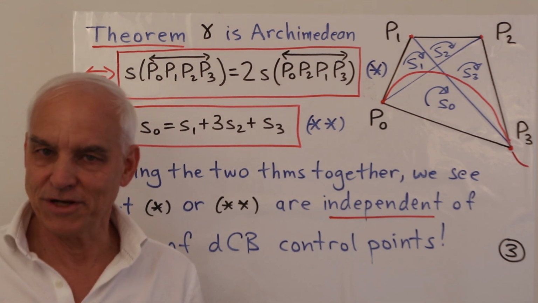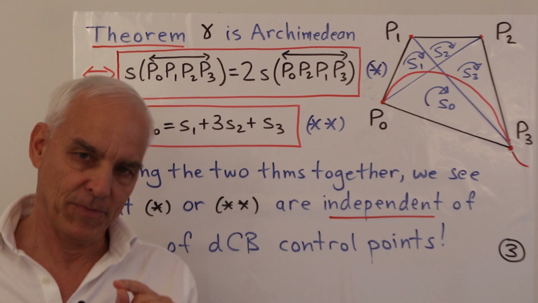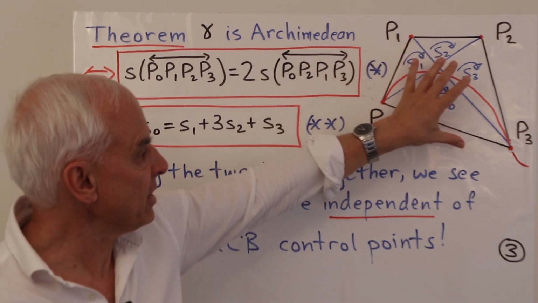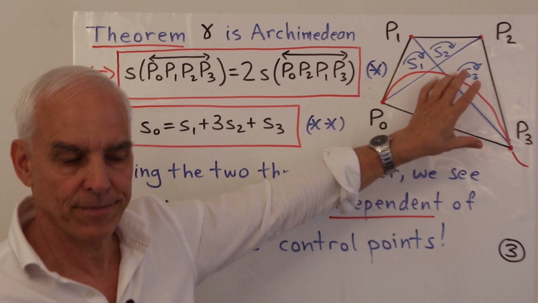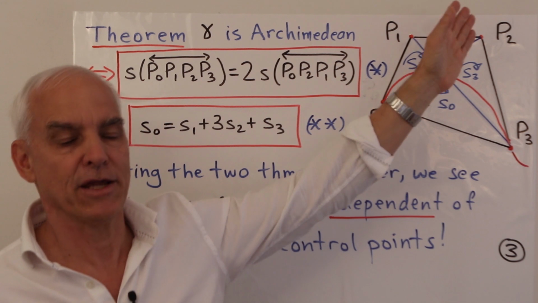Now, if we put these two conditions together and stare at them, we see that there's an interesting consequence. Because let's say this condition is satisfied for these 4 control points. That means that the point at infinity on the curve is going to be singular.